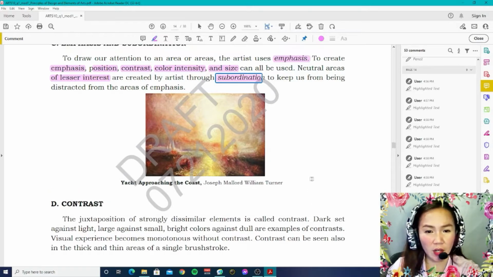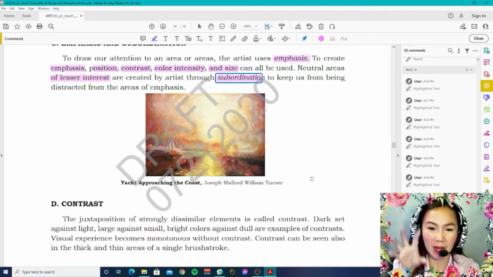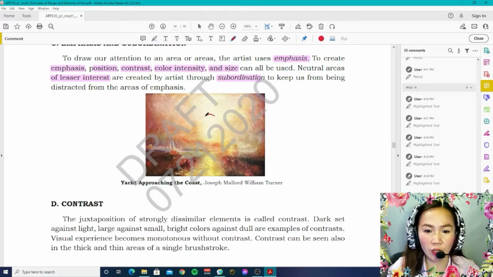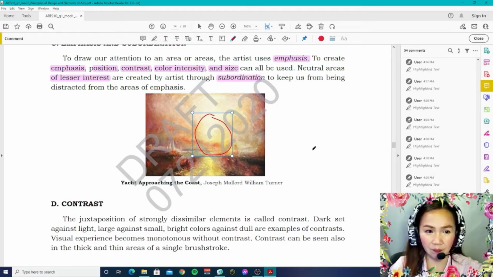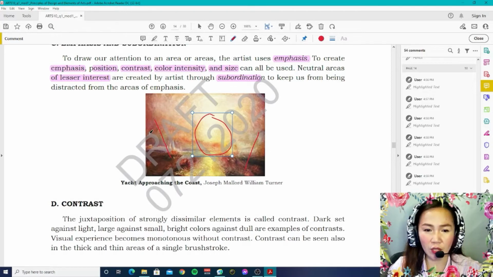Okay, so kita nyo anak, kita nyo grade 10 students na anong ginamit na color dun sa emphasis. Di ba parang yung emphasis niya na nasa center, itong lighter color na ito. Ito yung emphasis niya di ba? Lighter, right? And in comparison with the subordination, dito sa area na to, darker.